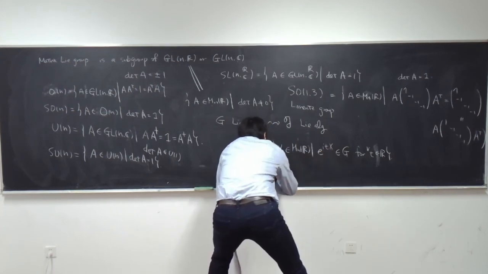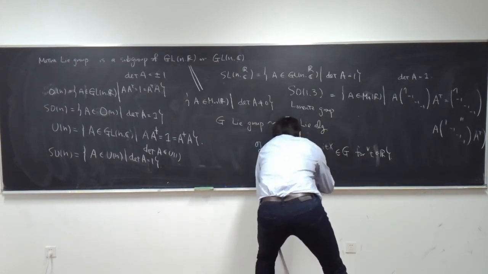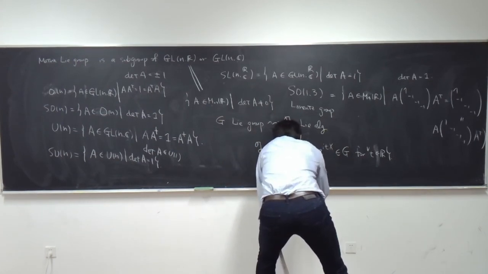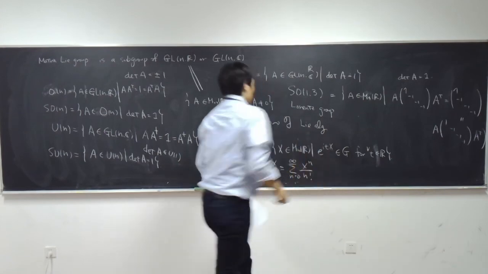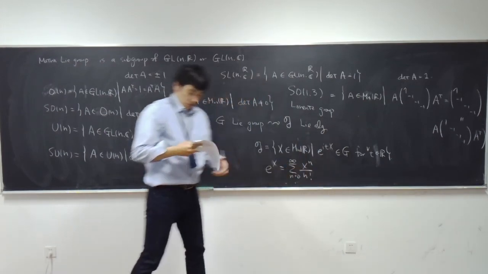So e to the x is just the sum of x to the n over n factorial, n equals 0 to infinity. So it's just matrix multiplication.